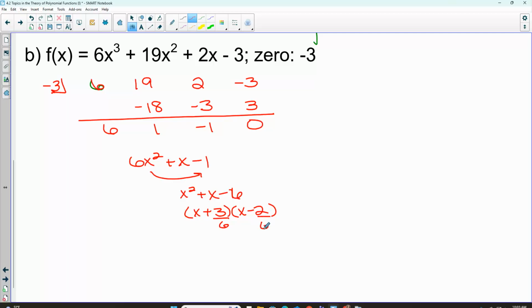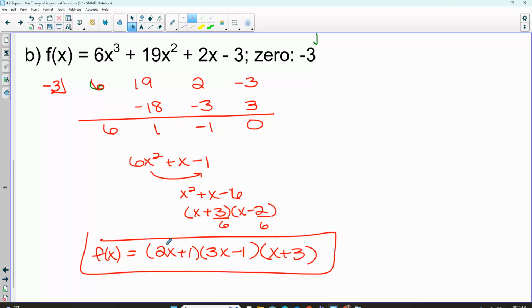Divide the 6 back. So 2x plus 1, 3x minus 1. What am I missing? X 2x plus 3. And so that is my final factored form. Is that one okay?